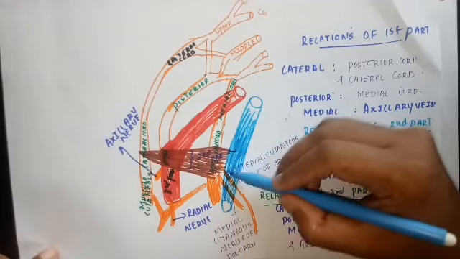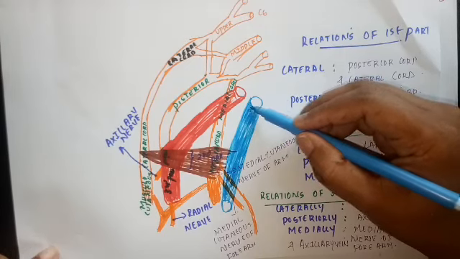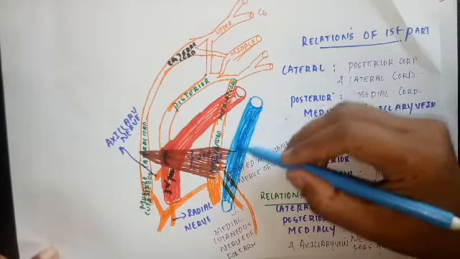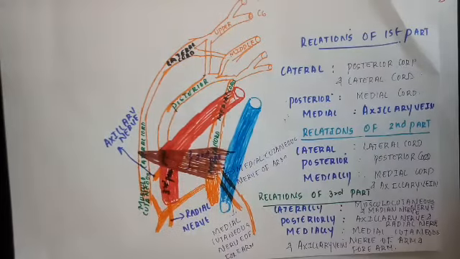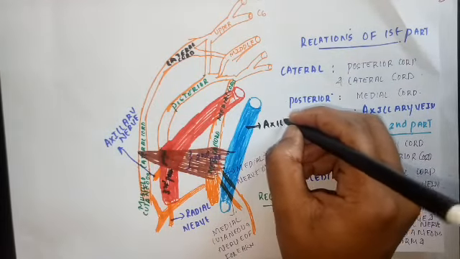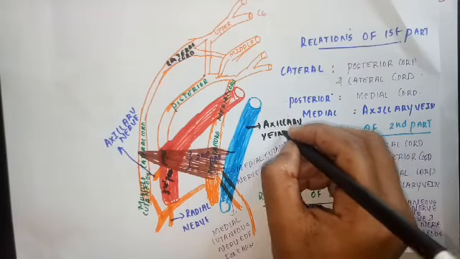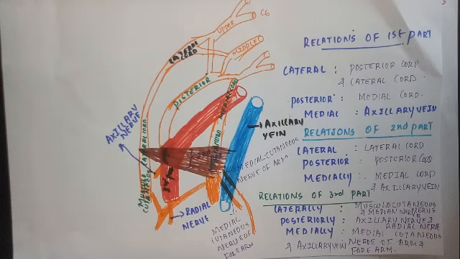This forms a constant medial relation of the axillary artery throughout its course. So it is related medially to the first part, second part, third part of axillary artery. This is the axillary vein. So these are the relations of the axillary artery.